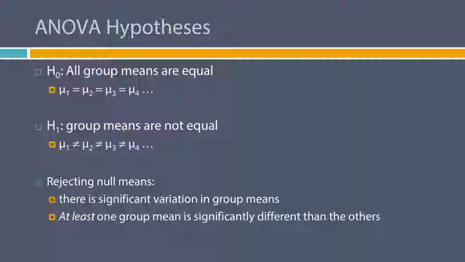You can also just look at the means. If blacks, whites, and Asians have really close means, and then we look at others and they have a high mean income, we can say, well, that's probably the group that's creating this significant difference between the groups.